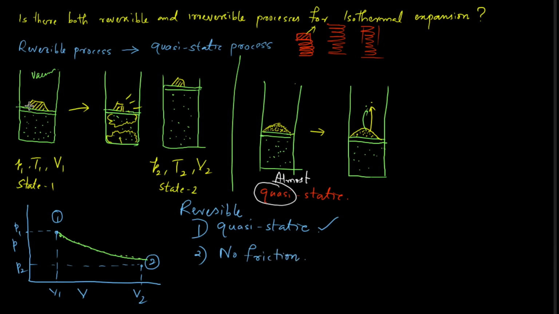Nowhere in the system, this is a simple system we have considered, but whatever system we consider, everywhere inside the system we should not have any friction. If there is friction, then that process is not reversible.